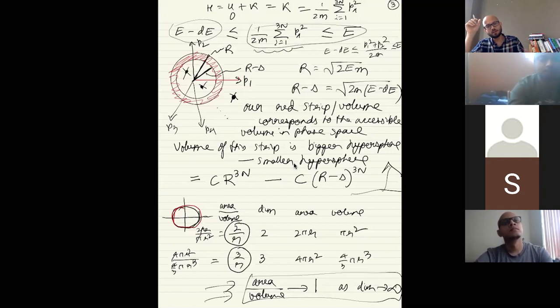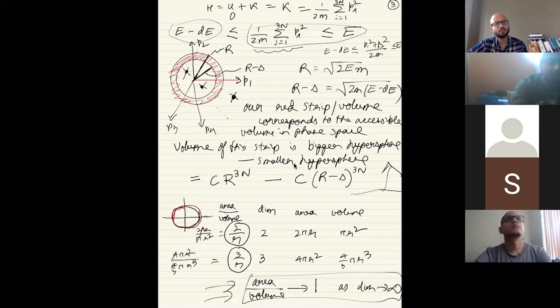As you increase the dimension, the numerator catches up, and for the same radius, it becomes close to 1. Radius also increases, but the numerator catches up quicker, and it becomes close to 1. So that's the idea. So what we are really showing here is that in very high dimensions, most of the volume of a sphere lies close to its surface, which is a very bizarre fact. It's not an obvious fact at all.